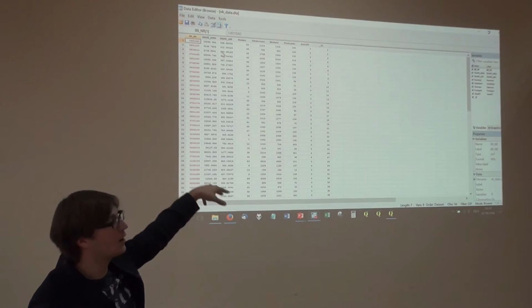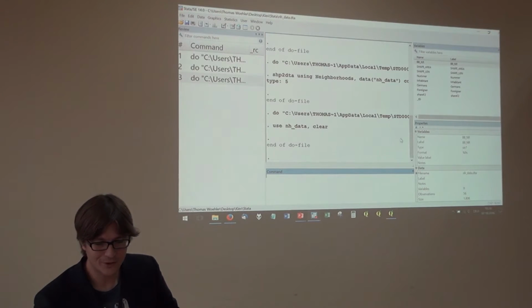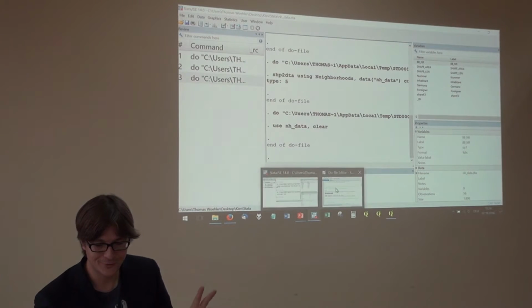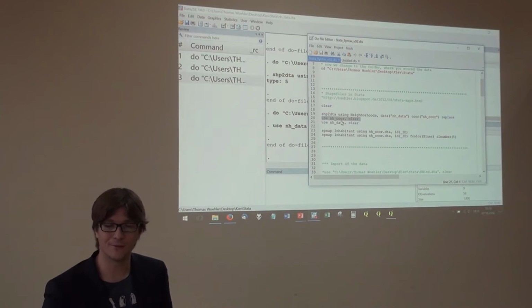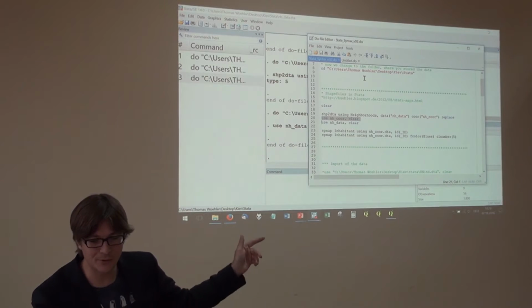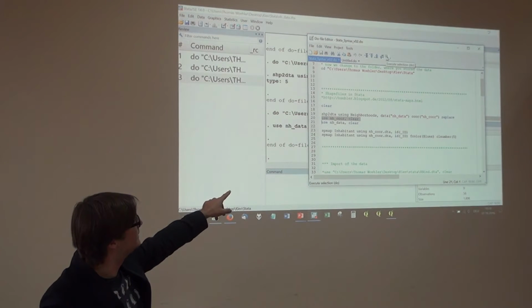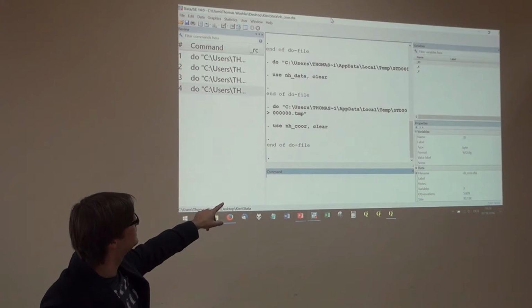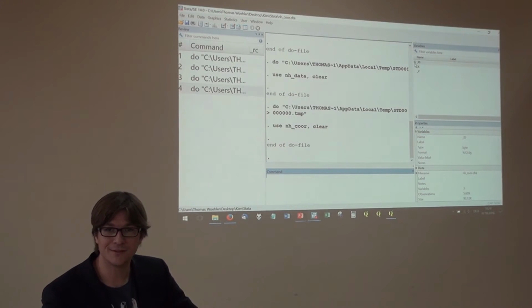So we have different columns and different characteristics. More interesting for you to understand the concept of shapefiles is the other data set that was generated. I call it neighborhood coordinates, and this consists only of the coordinates of the neighborhoods.